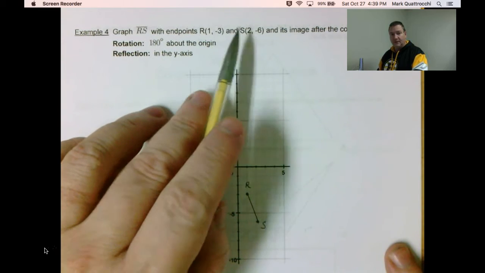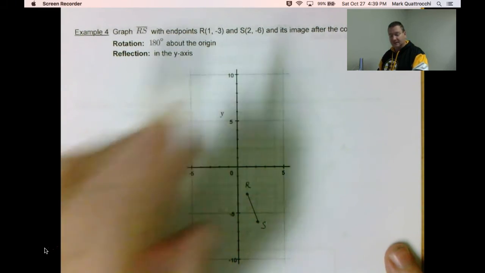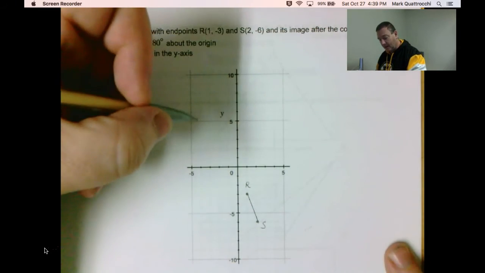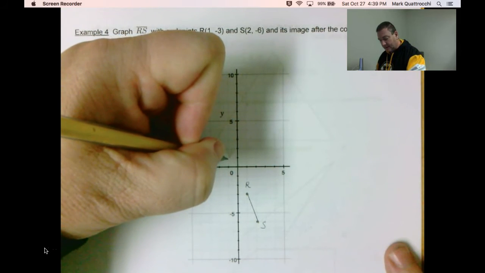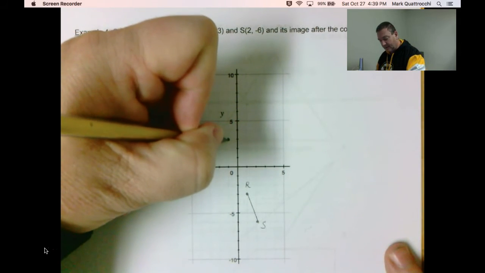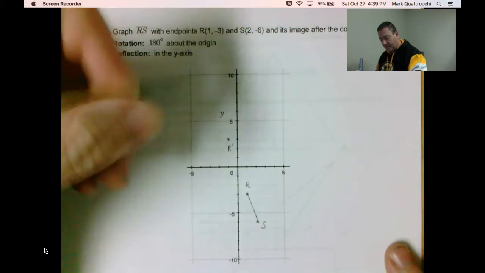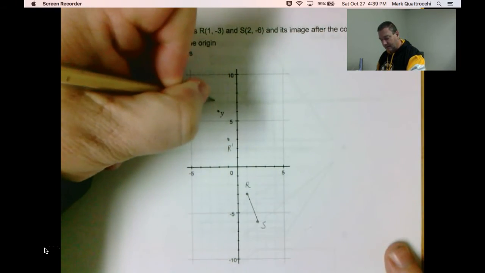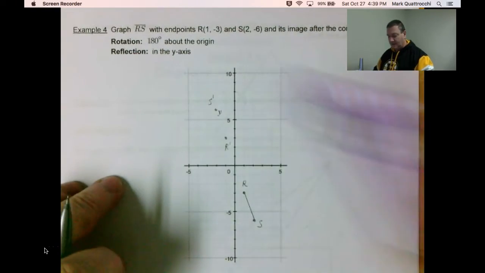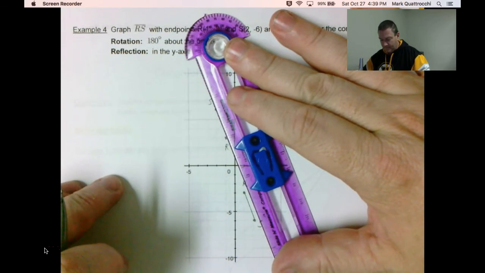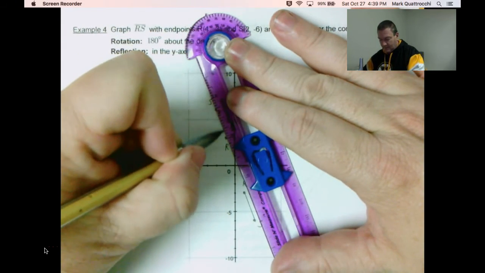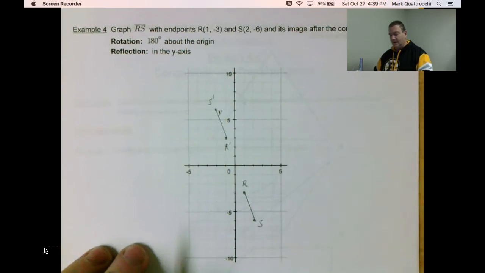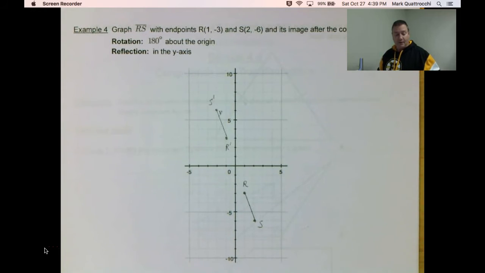And we're plotting R prime (-1, 3), S prime (-2, 6), and connecting them. So we have segment R prime S prime.